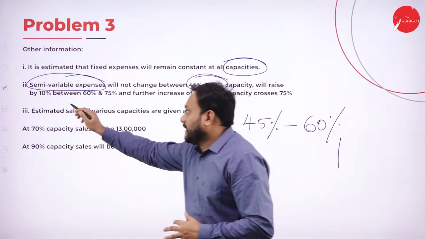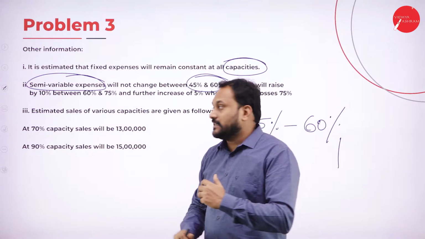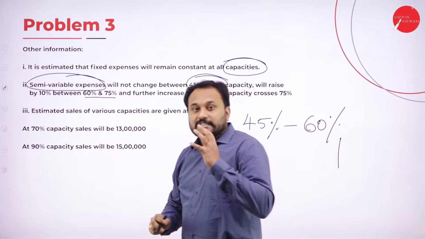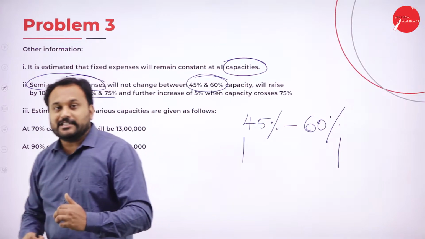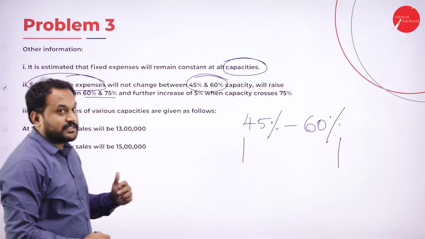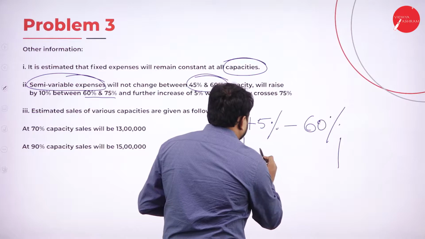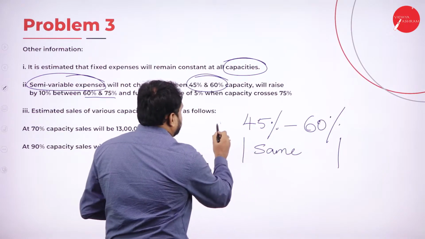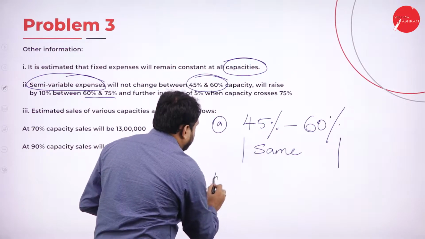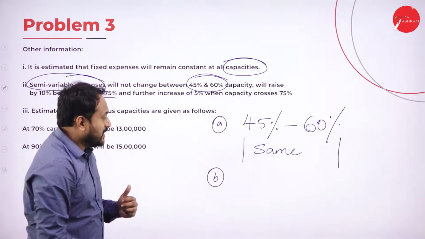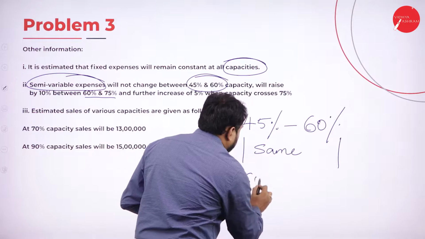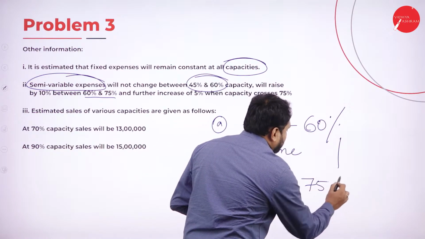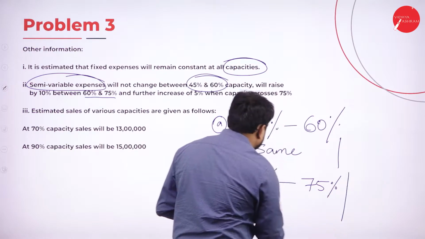Will rise by 10% between 60% and 75%. That means they are telling that semi-variable cost will increase by 10% there. See here, 45 to 60, it is the same, you should not change. This is the first one, A. Let's go with B. Now they say that 60% to 75%, now the slab is there.